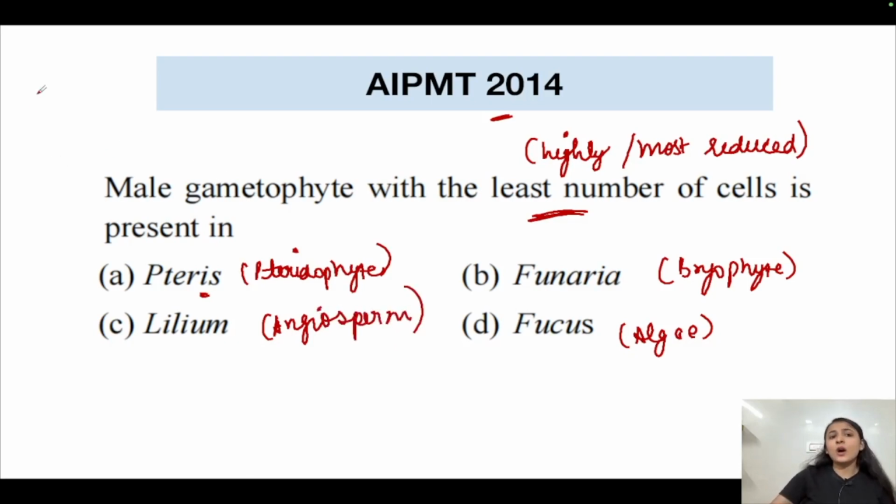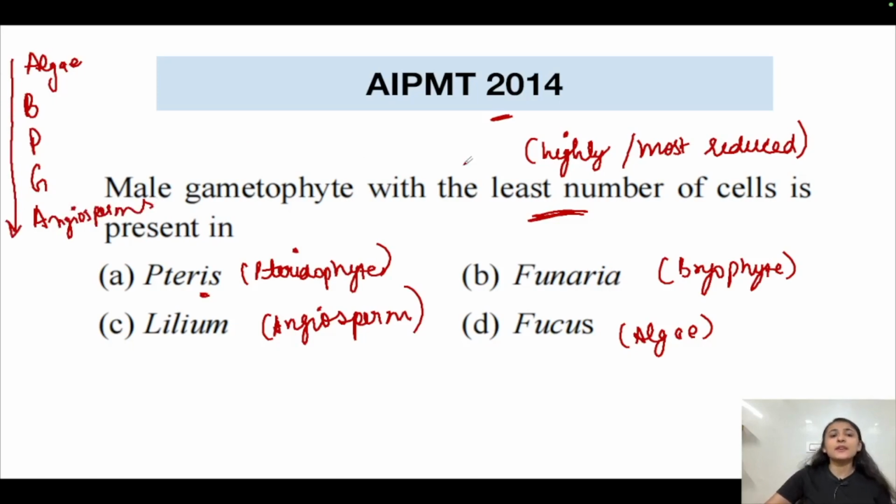Now, how is the evolution in plant groups happening? First is algae, then bryophytes came, then pteridophytes, then gymnosperms and angiosperms. This is algae and this is angiosperms. As we are moving down from algae to angiosperms, what is happening? The gametophyte is getting reduced.